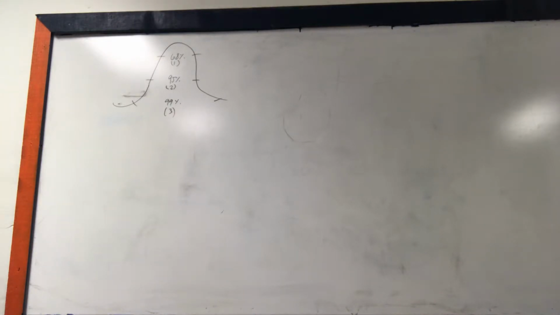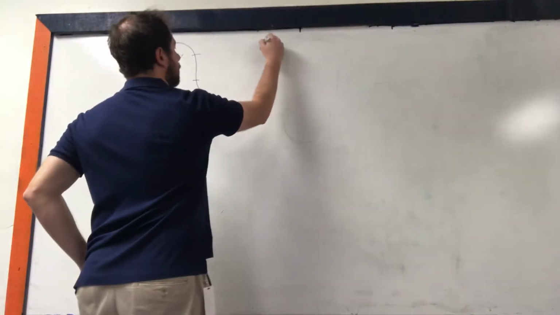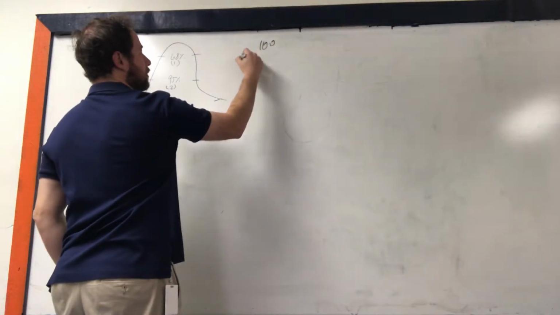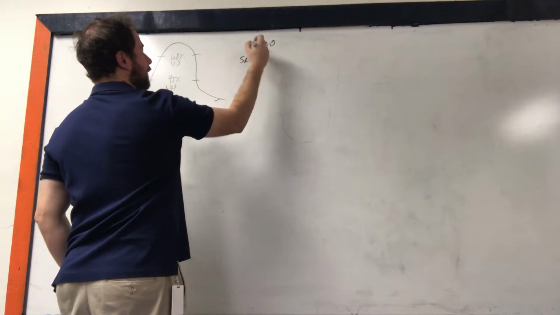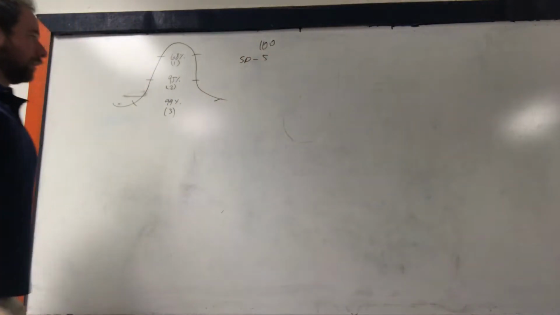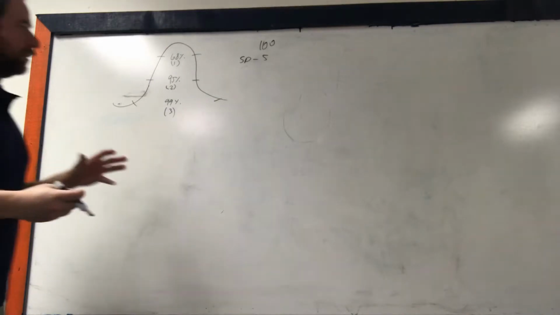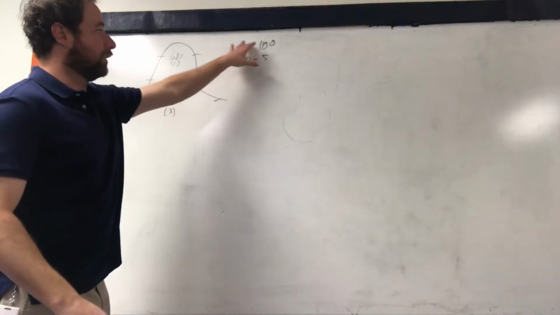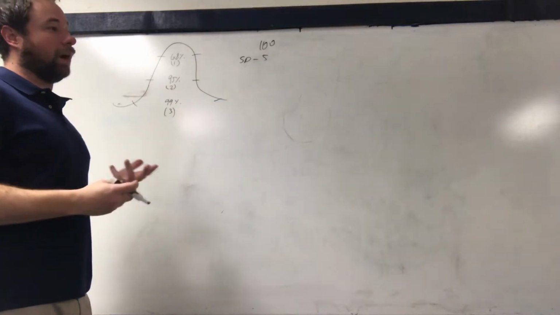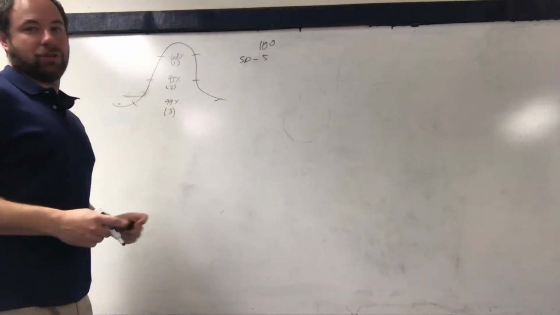The way to look at this is you might get an example and they'd say the mean of a distribution that is approximately normal is 100 with a standard deviation of 5. Obviously this wouldn't be a good example for grades, but let's say grades was 100 and the standard deviation was 5.